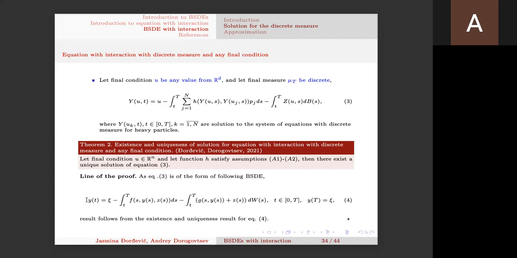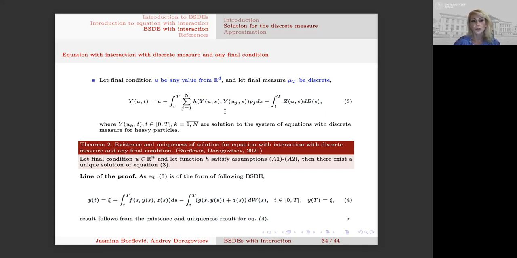But here there is much more freedom compared to the usual stochastic differential equation with interaction, because together with process Y, we also have to define process Z. So at least we can say that the particle has 2 features, Y and Z. And this equation 3 is actually of the form of equation 4, which we already discussed in part 1, that has a unique solution. So as a consequence, our equation 3 has a unique solution.